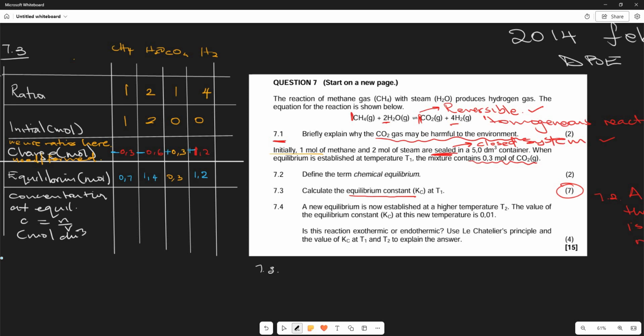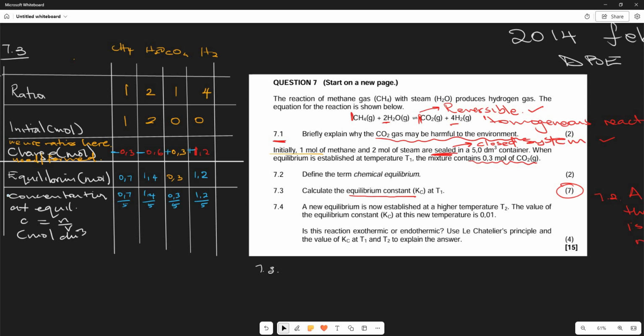What is left for me is to calculate the concentration at equilibrium. So this is going to be 0.7, you divide by the volume 5, 1.4, you divide by 5, 0.3, you divide by 5, 1.2, you divide by 5, just like that. So grab your calculator and tell us what the values would be.